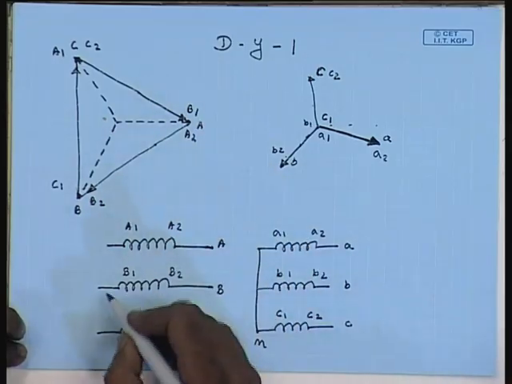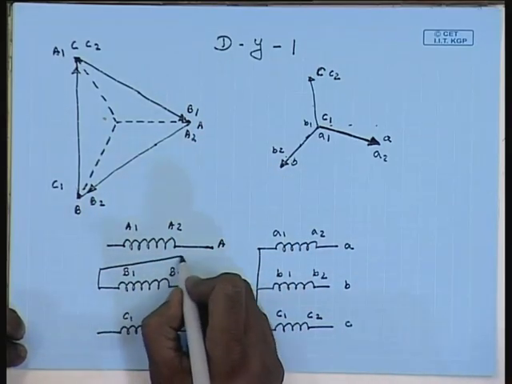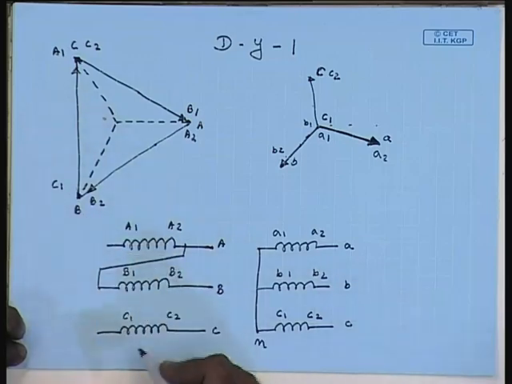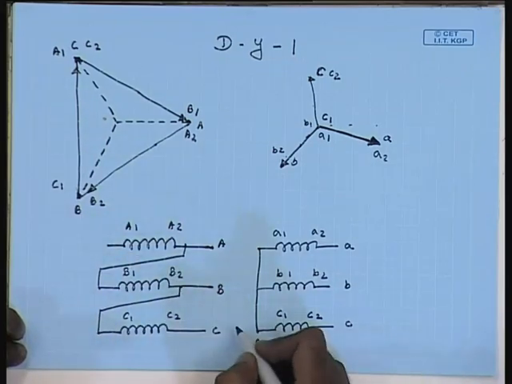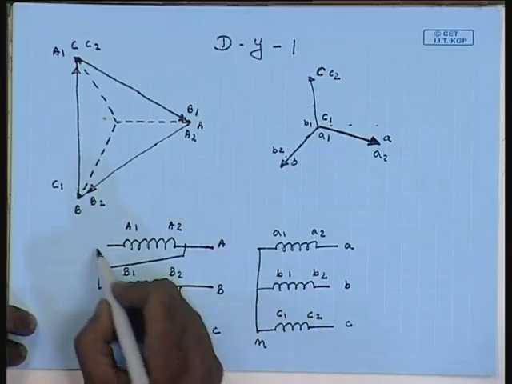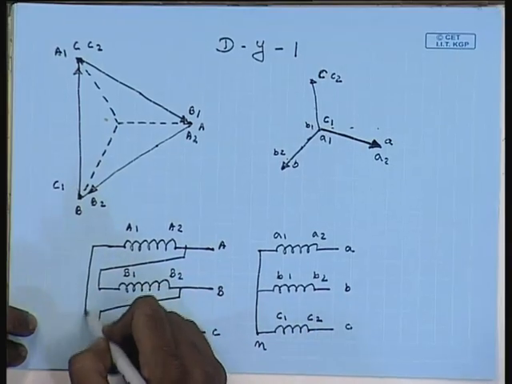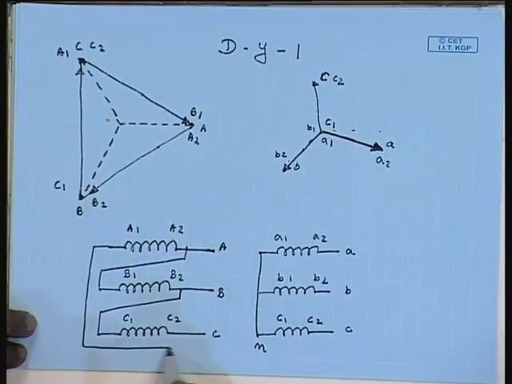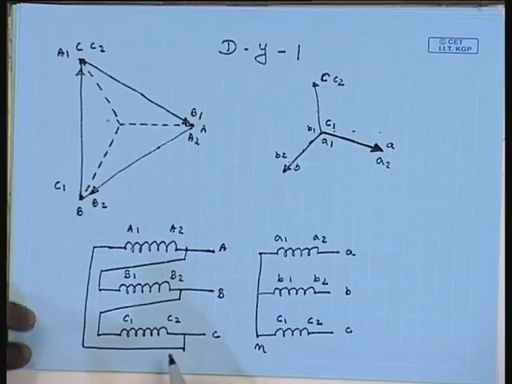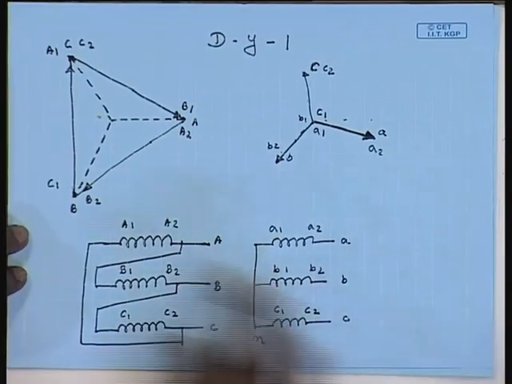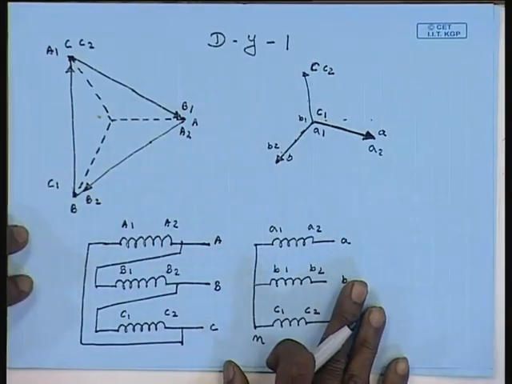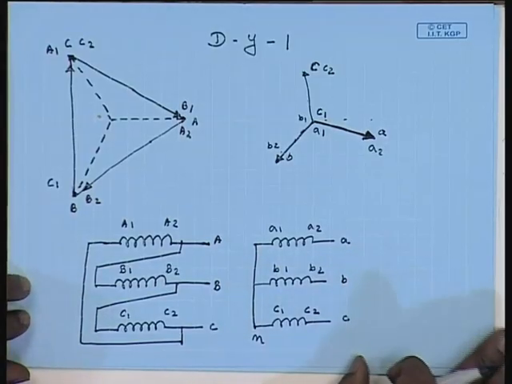Here B1 is connected to A2, C1 is connected to B2, and A1 is connected to C2. This is the voltage phasor diagram and the connection diagram of the phase group Dy1.